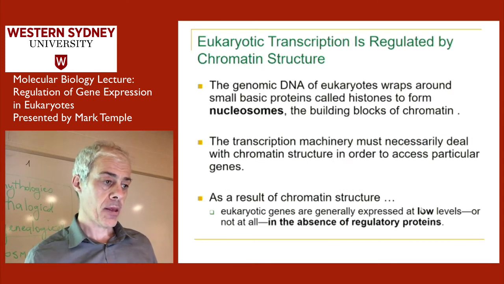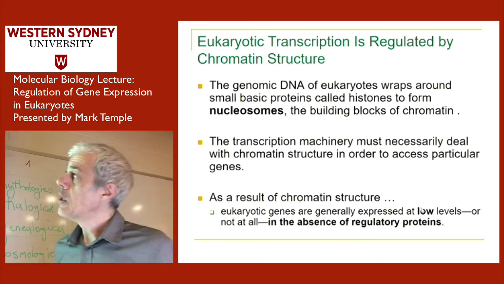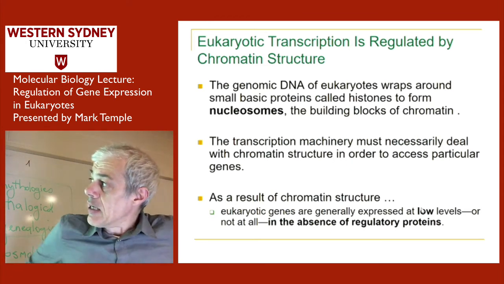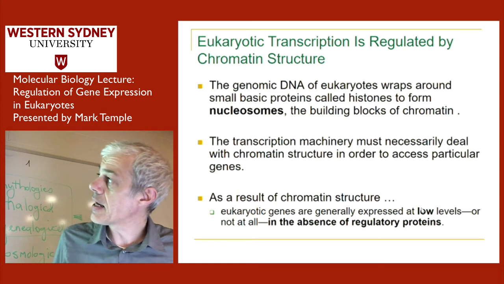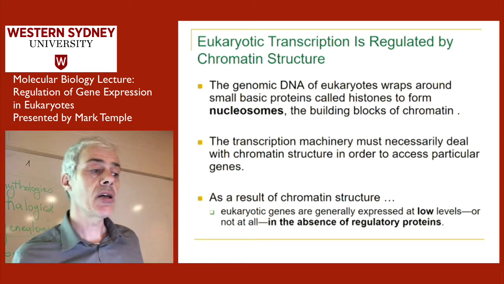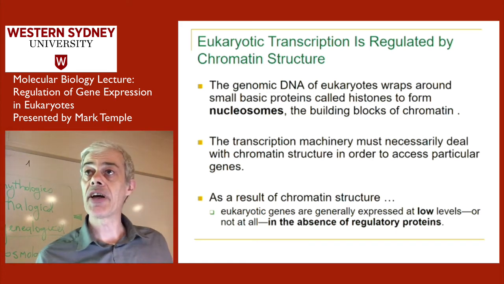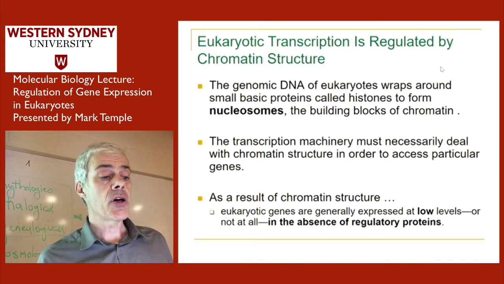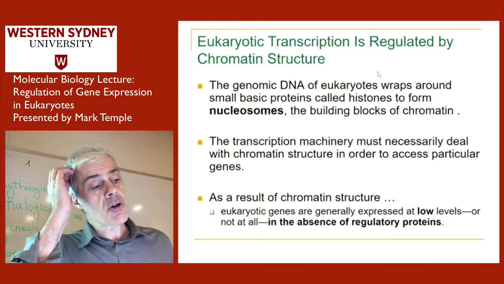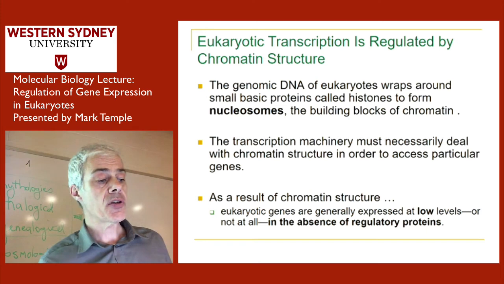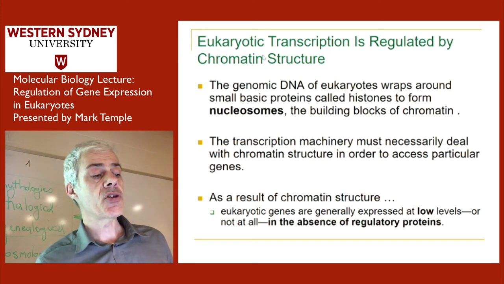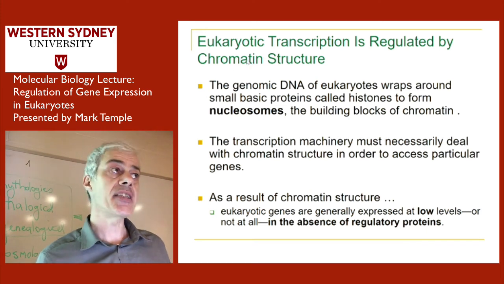What we are going to talk about today is this idea that chromatin structure plays an important part in gene regulation. Chromatin refers to a complex of proteins and DNA.